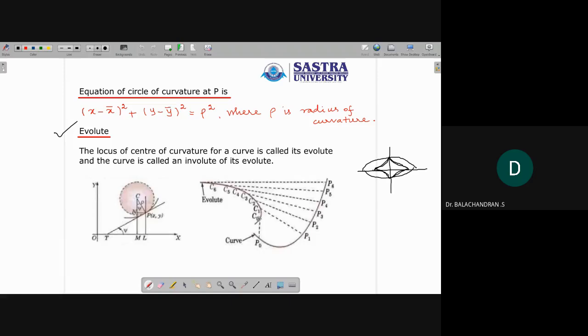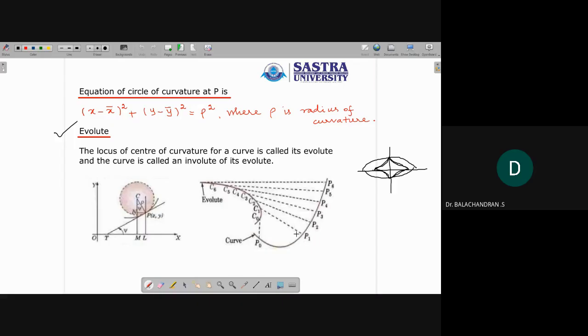C naught is the center of curvature for the point P naught. Similarly, C1 is the center of curvature for the point P1, and so on. Similarly, for the point P2, C2 is the center of curvature.